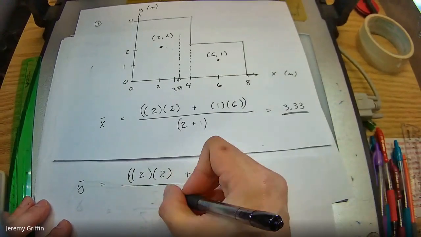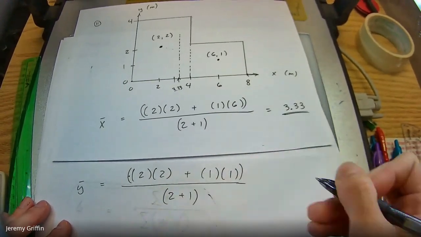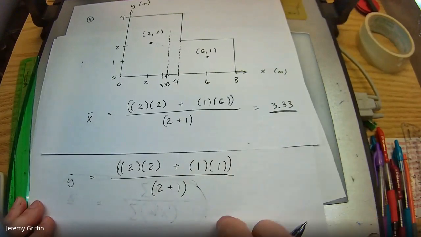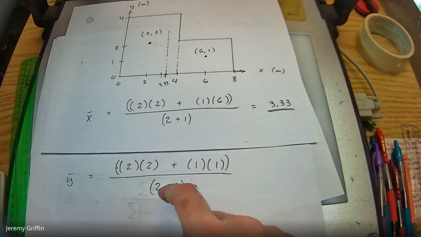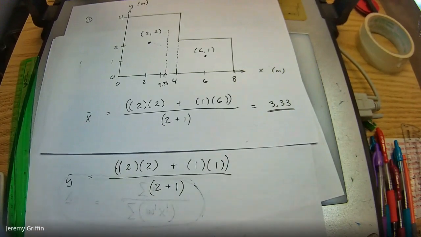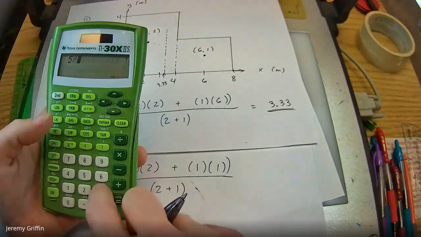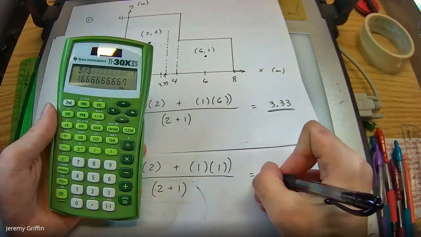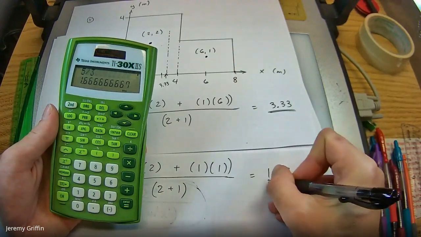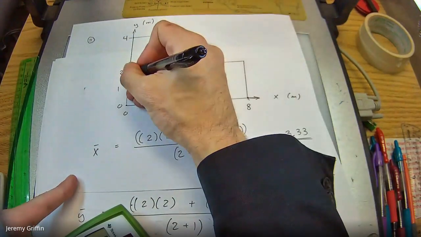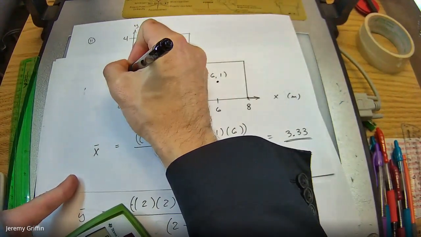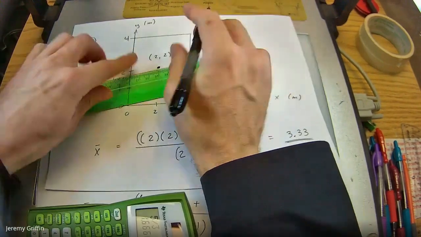Then divide by the same 2 plus 1, just like for the x values. So 4 plus 1 is 5. 5 divided by 3 is 1.67. That's right about here.